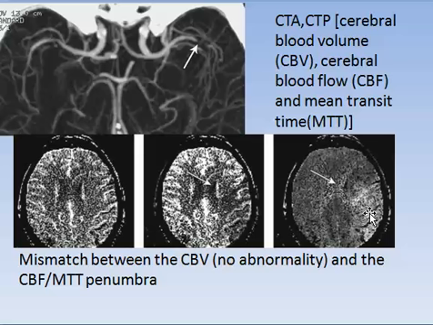So, to study the CT perfusion or the CTP, we have to have a cerebral blood volume image, a cerebral blood flow image, and MTT, and at least these 2. And these 2 will show the difference between the core and the penumbra.